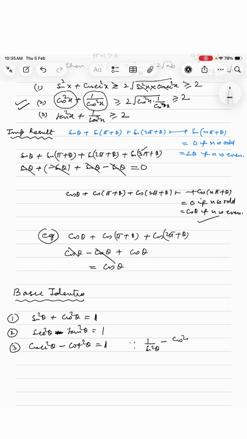Cot square theta means cos square theta by sine square theta. Therefore, LCM is sine square theta. Numerator is 1 minus cos square theta. So according to the first identity, this is sine square theta by sine square theta. Therefore, it is equal to 1.